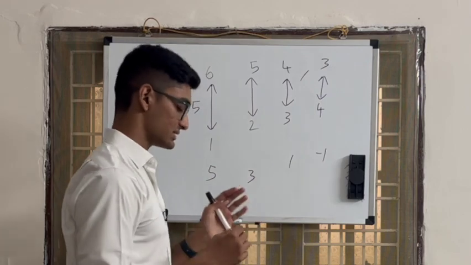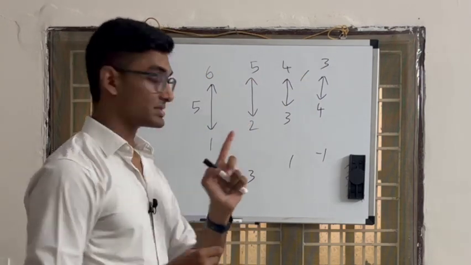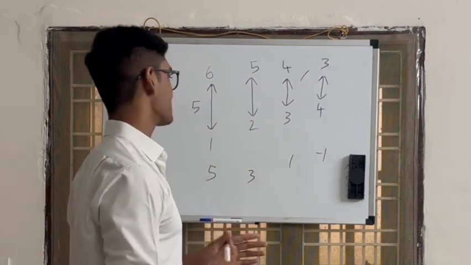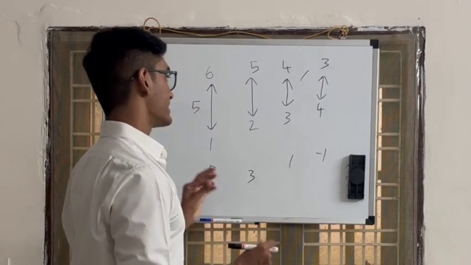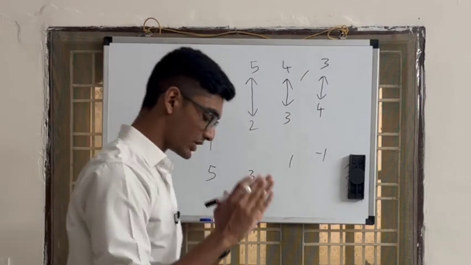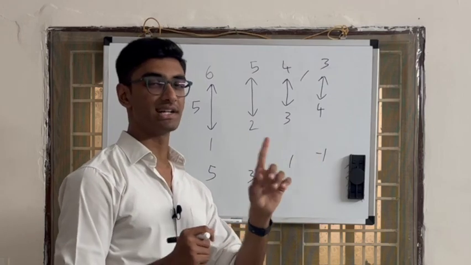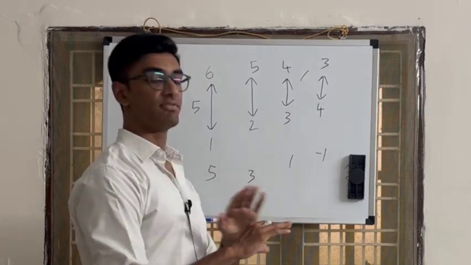So what it does is the difference will be decreasing, either non-increasing. Yeah, non-increasing. So basically, it won't increase at all. If it is completely decreasing, then every element will be distinct.